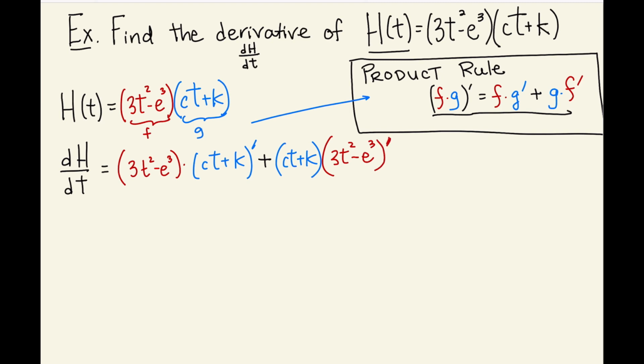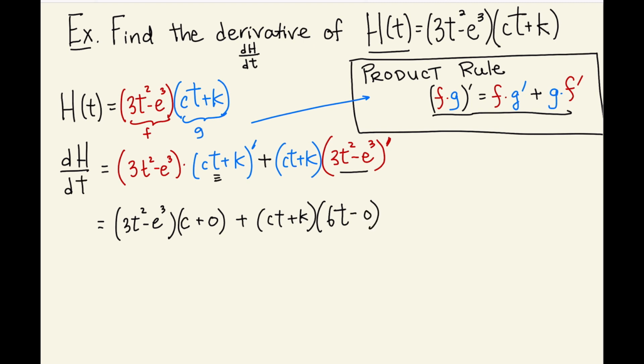Okay, so now let's carry out those derivatives. The derivative of ct plus k with respect to t will just be equal to c, and then the derivative of k is just 0. So the derivative of this binomial would be 6t minus 0.